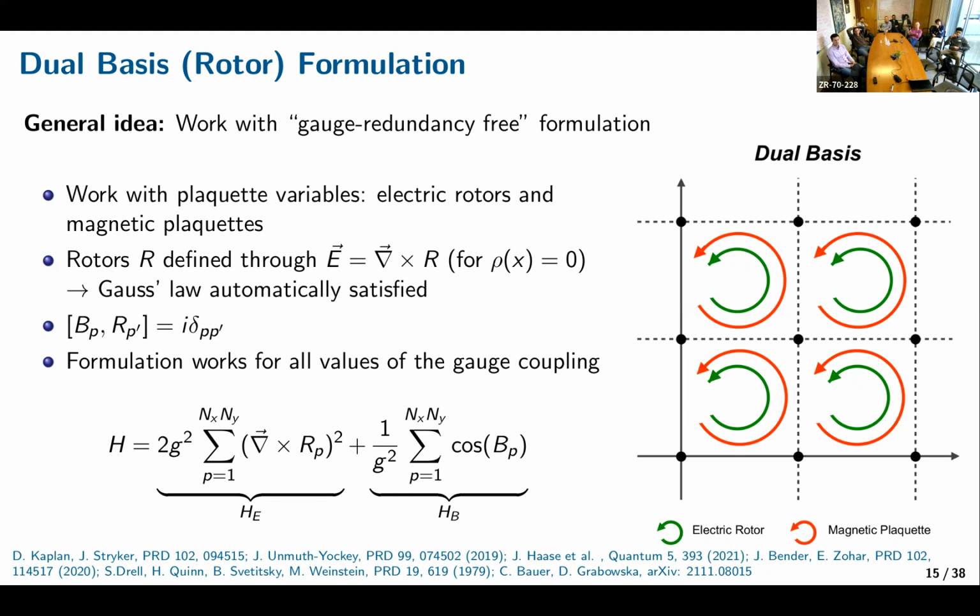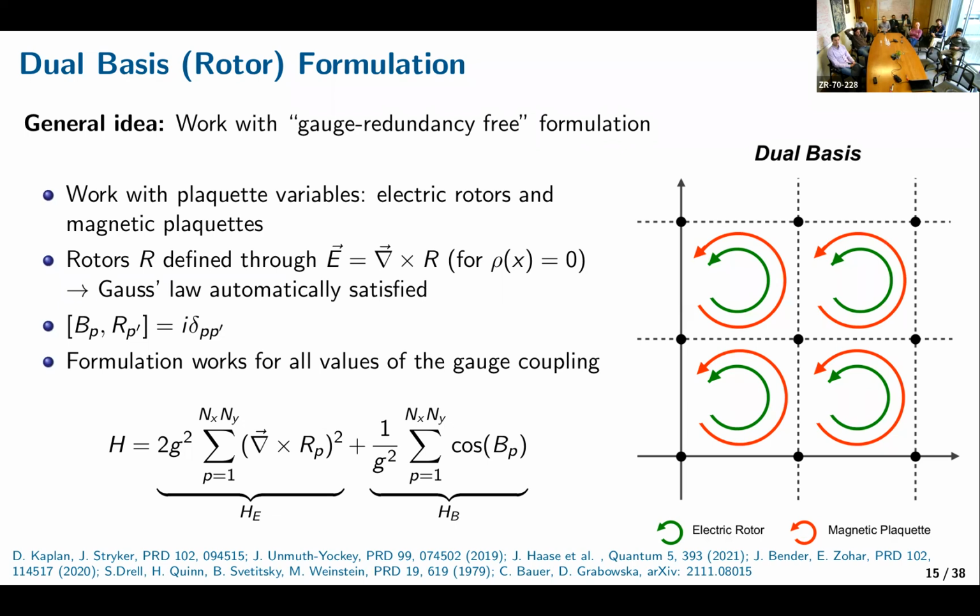And so there's another nice property that we'll use later, which is the fact that the magnetic field and the rotors are conjugate variables. So you can think of the magnetic field as like x and the rotors as like p. And so you can change the bases to where one is diagonal using a Fourier transform. So we'll use this when we do our quantum simulation. But yeah, if you write your Hamiltonian down, just making this change, you replace your electric field with these curls of rotors.